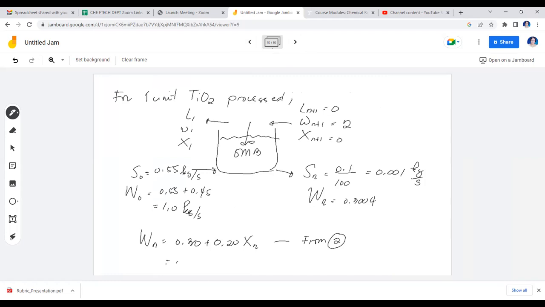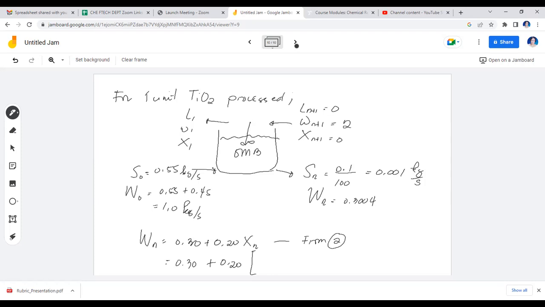So we'll have 0.3 plus 0.2 times the x sub n. Remember, the concentration x sub n and your y sub n are equal, right? We have the assumption that these solutions are the same.